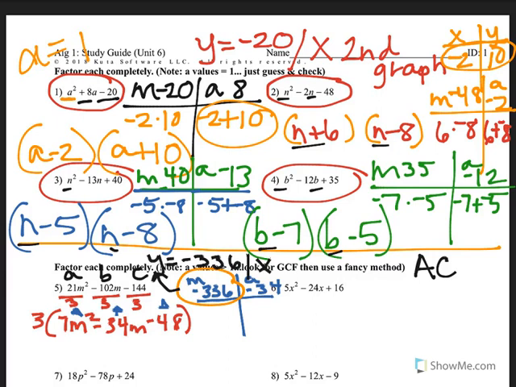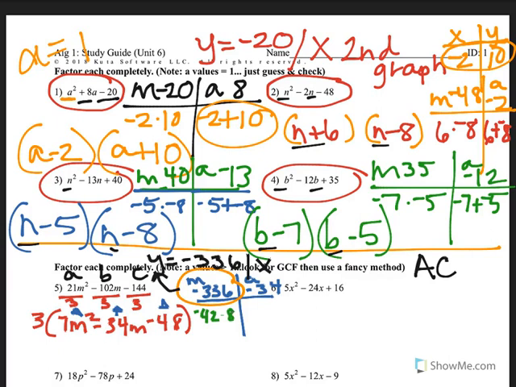And I looked at my x and y values to see which ones added to be negative 34. Well, that took me a little while, but I did find them. Those two terms are negative 42 times 8, and that gives me negative 336.